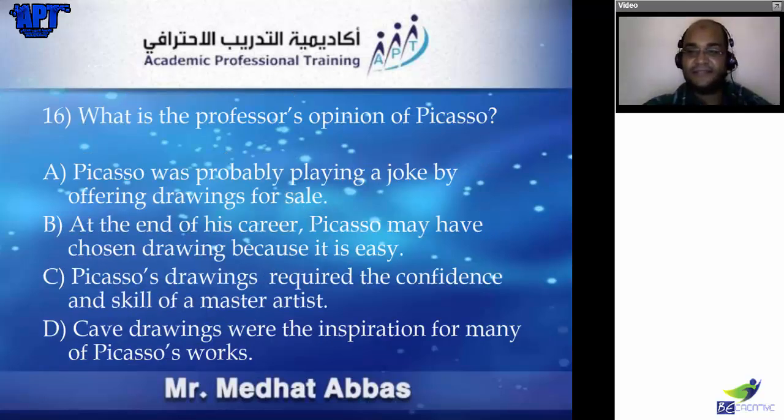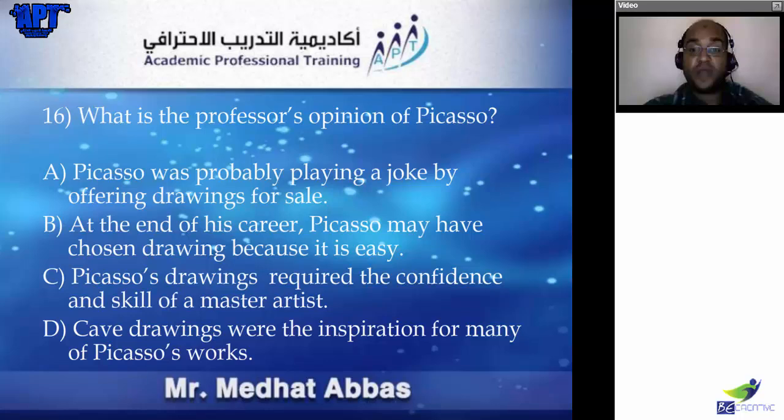Next. What's the professor's opinion of Picasso? I'm talking here about the professor's opinion, not the opinion of other writers who wrote about him. This is very important when you focus on listening. Picasso was probably playing a joke by offering drawings for sale. At the end of his career, Picasso may have chosen drawing because it's easy.